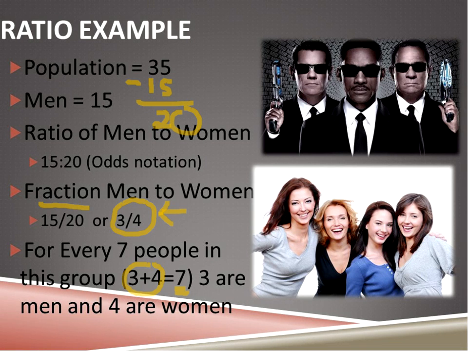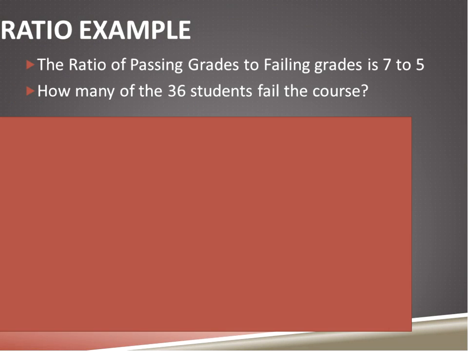For every 7 people, 3 are men and 4 are women. When you break it down this way, it's a lot easier to get a handle on than for every 35 people in this room, 15 are men, 20 are women. So it's a way that enables you to more clearly see the data and be able to describe it.